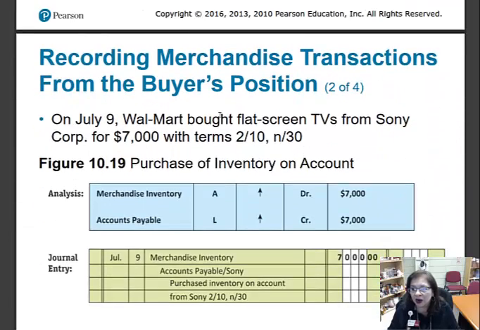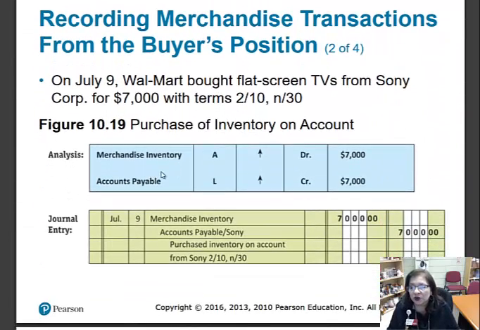Okay? So we have the merchandise inventory and our accounts payable. So this is the amount of inventory that we brought in from Sony. So this is how much our accounts payable is, how much we're going to work with. Okay? Now notice they're flat screens. Terms are 2/10, n/30: 2% if we pay in 10 days, or net if we pay in 30. That N means net, okay, if you were wondering.